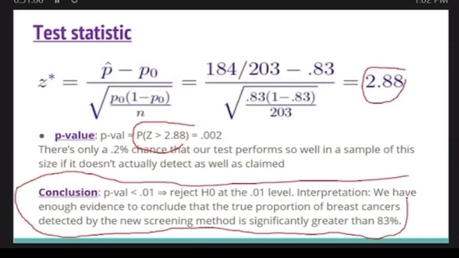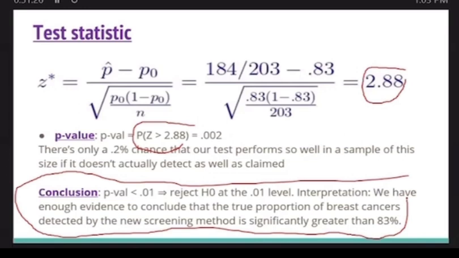Look at the procedure: assumptions, hypothesis formulation, test statistic. After test statistic, p-value. After p-value, conclusion. When you see this in the exam, you should follow that procedure: assumption to hypothesis formulation to test statistic to p-value to conclusion.